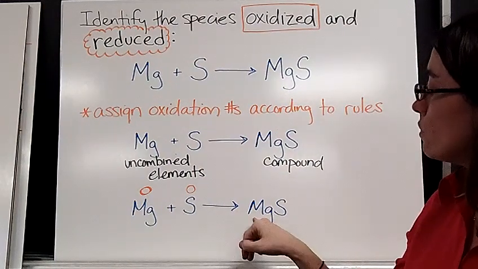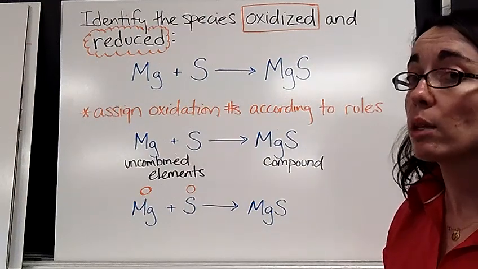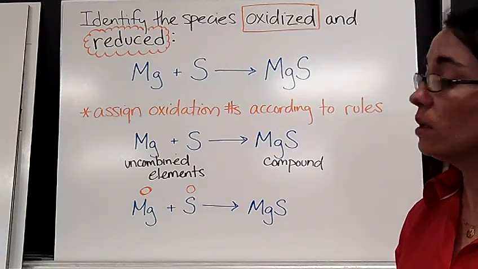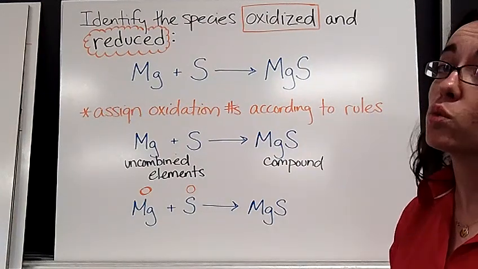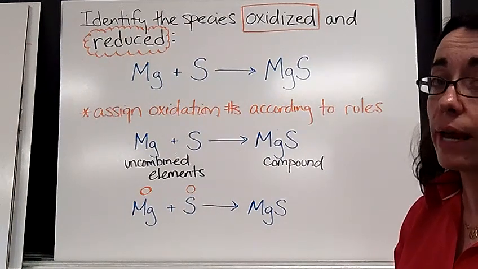Now what we need to do is to figure out what would be the oxidation number of each element when it's on the product side, when it's in a compound where the sum is 0, but actually both of these particles will have a charge. You're going to refer back to your periodic table to help you.